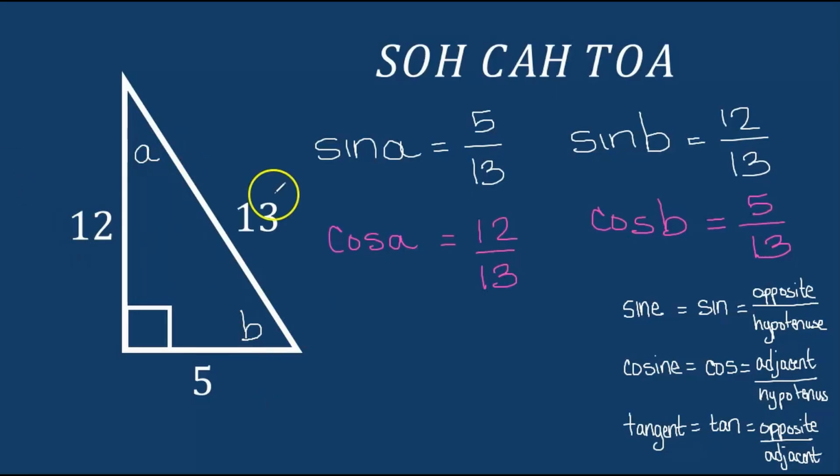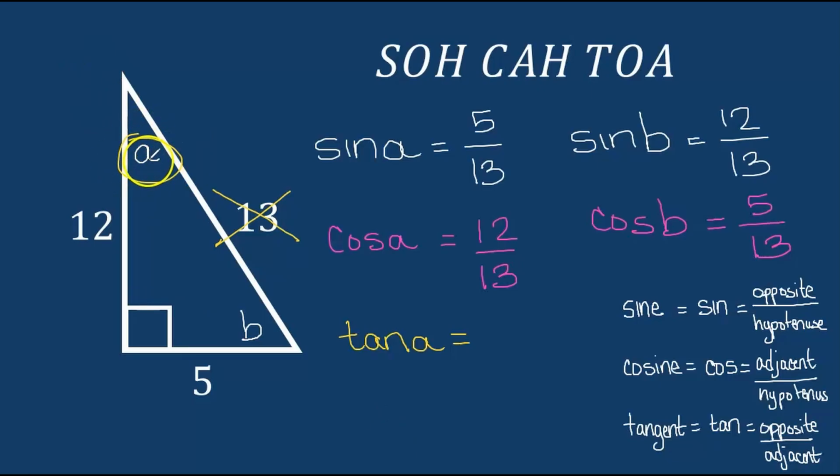Finally, let's work with tangent. Remember that tangent, the TOA part of SOHCAHTOA, is opposite over adjacent. It doesn't use the hypotenuse at all. And again, you have to orient to the angle that you're using.